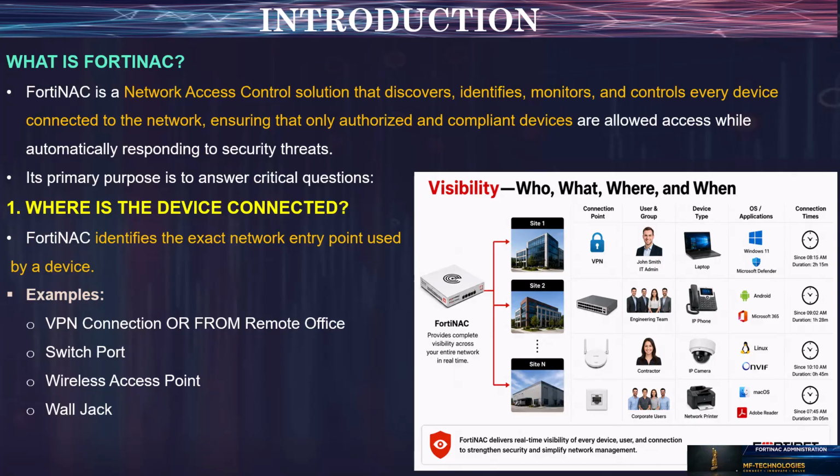Imagine receiving an alert about unauthorized devices. Instead of searching the entire building, you immediately know exactly where to find it. That's the value of the location awareness that Fortinet provides.